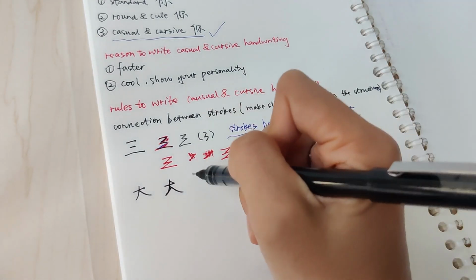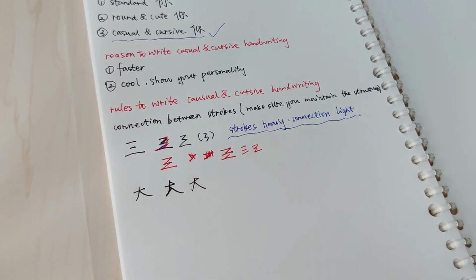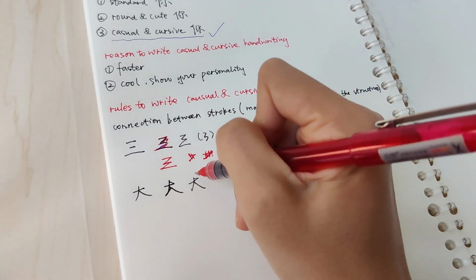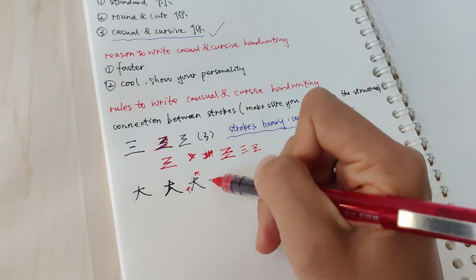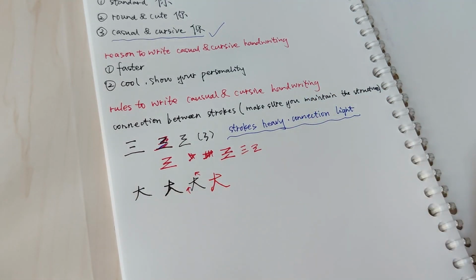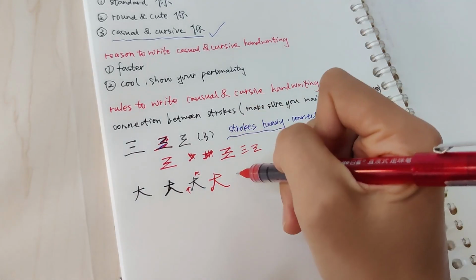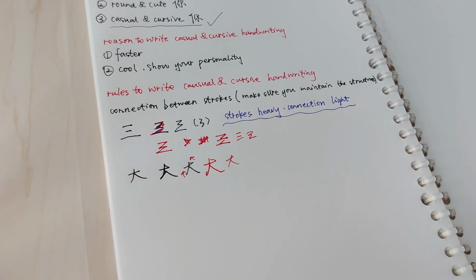If you write it real quick, you can see the little connection right here and here, because it goes like 1, 2, 3. Yeah, it just looks like this.